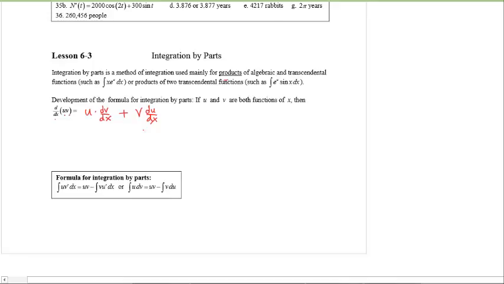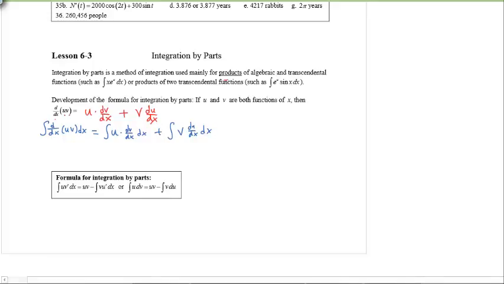So now my question is, what happens if we take the integral of everything? If I take the integral of the derivative of uv, with dx, and the integral of u times dv/dx, and then I integrate v du/dx, what am I left with?